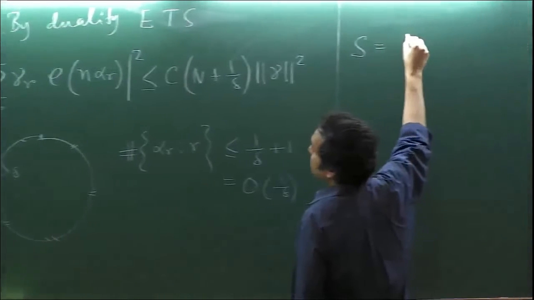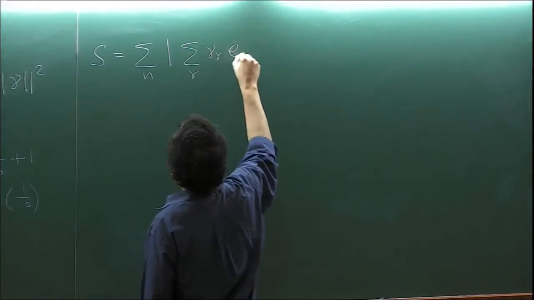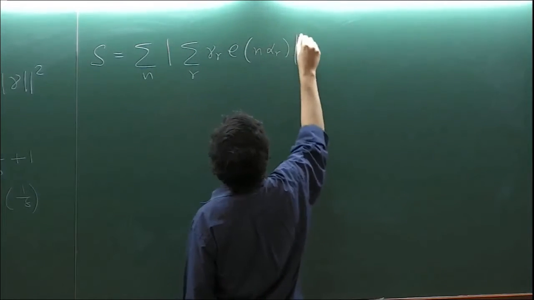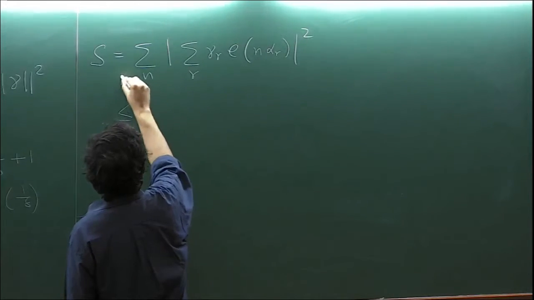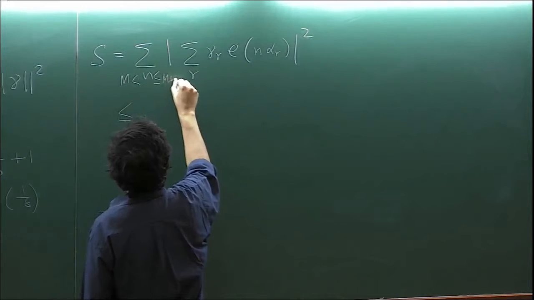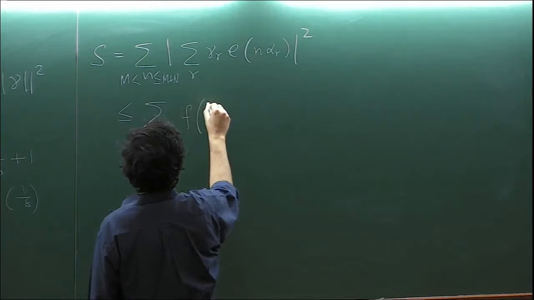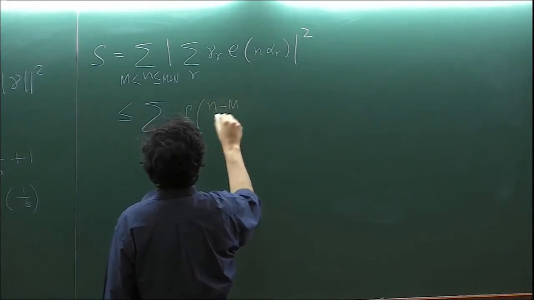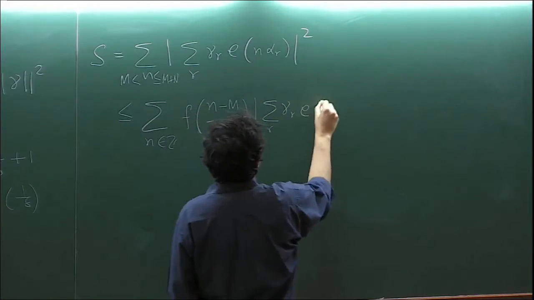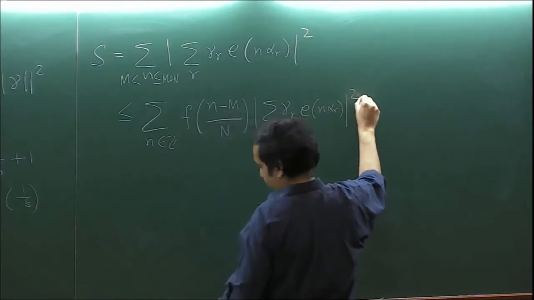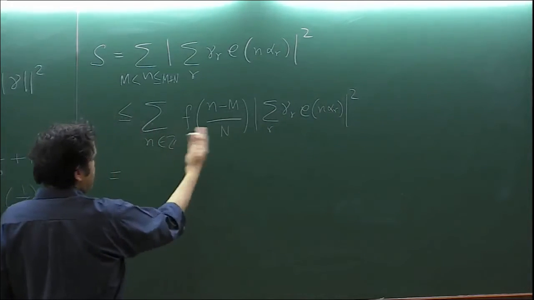So S equal to this sum, where the sum over n was between m and m plus N. Then we bound it by the sum over all n, but I plug in this smoothing factor, f of (n minus m) by N. And then you open the square and interchange summation.